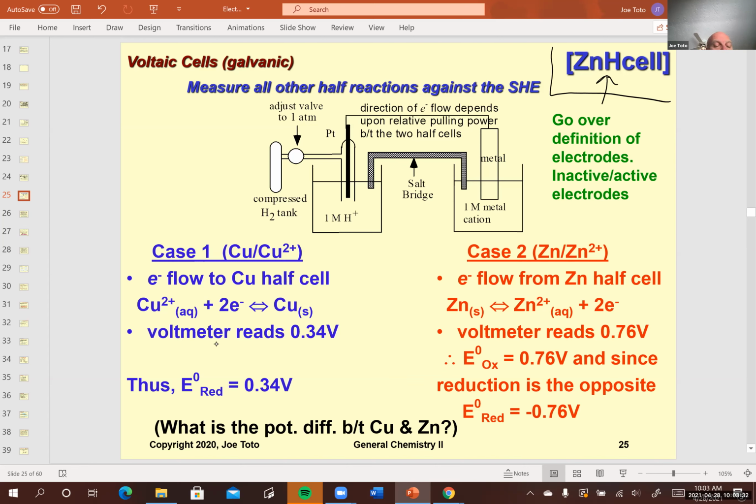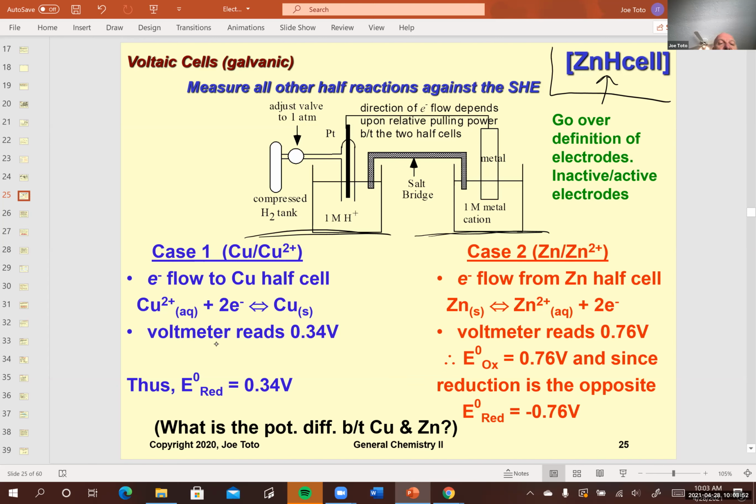That's nice to see, just to help you visualize what's believed to take place. But anyway, here we have a setup, and the standard hydrogen electrode is on the left, and then we have some other electrode on the right.